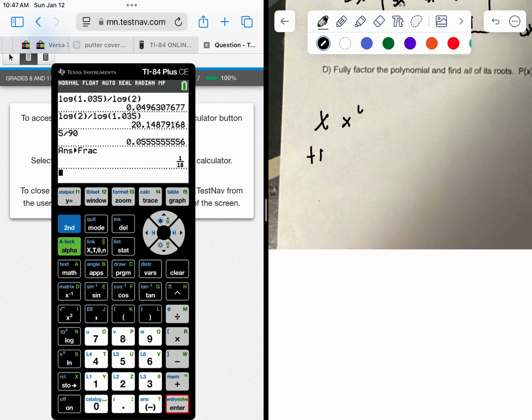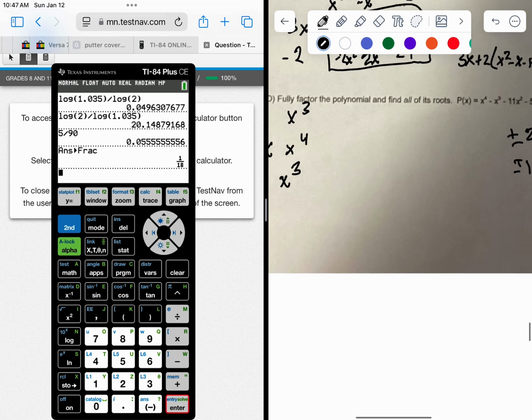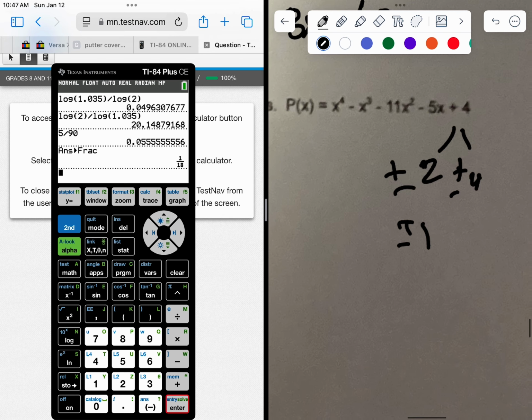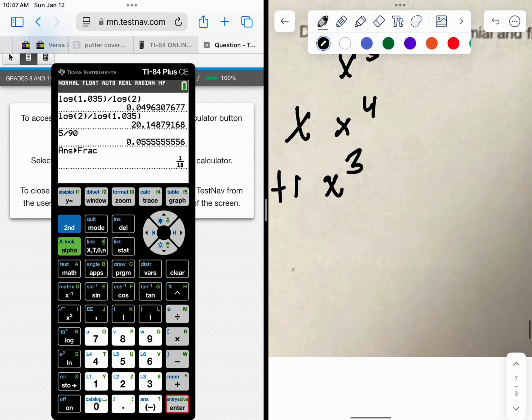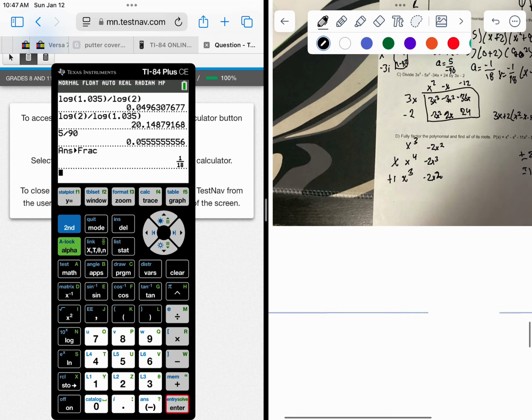Alright, so we have x to the fourth, x third goes up there, x third down there. We have negative x third, so we need negative 2x third, negative 2x squared, negative 2x squared. Brutal.